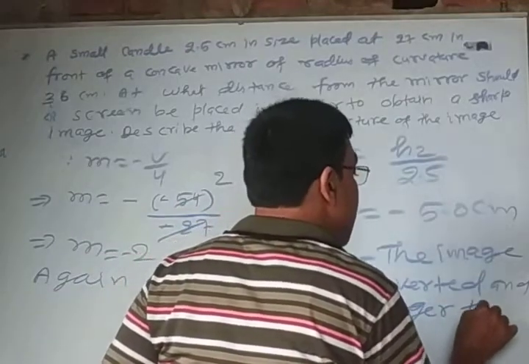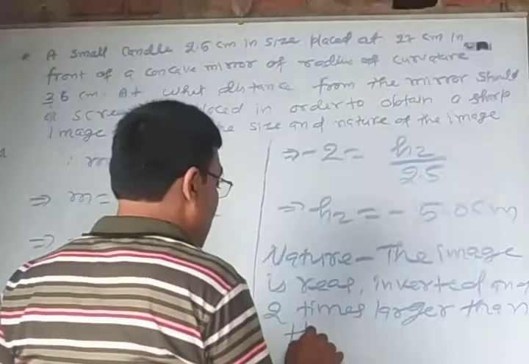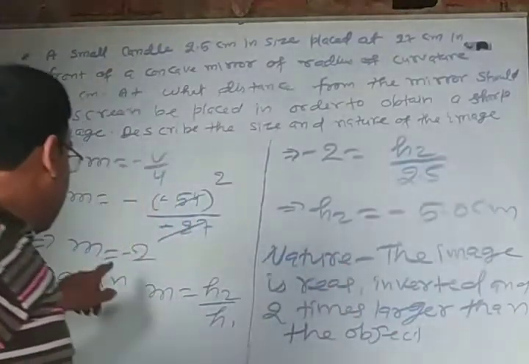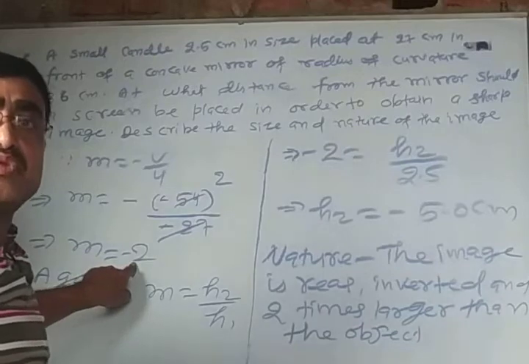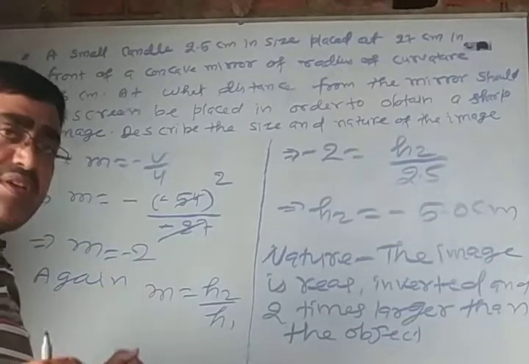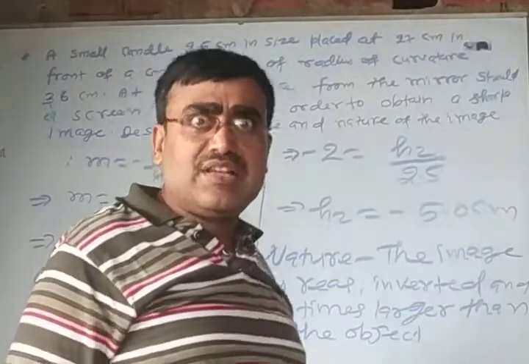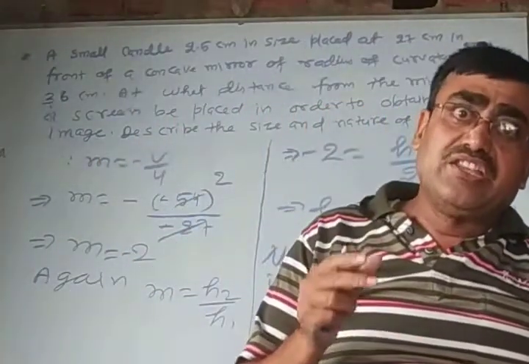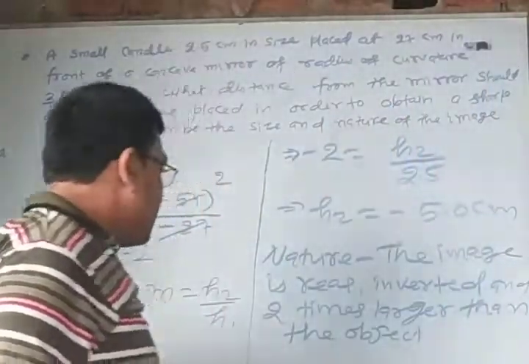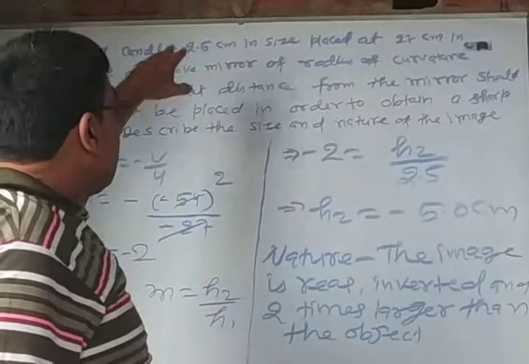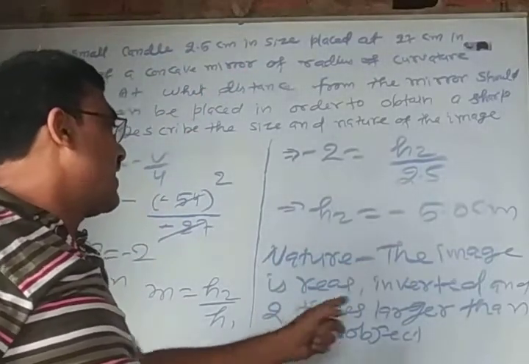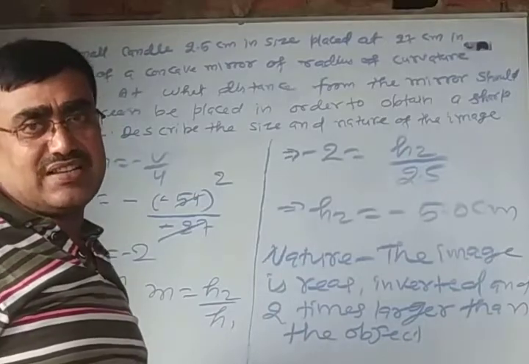Okay, here m is negative, so the image is real and inverted. If m comes positive, then the image is virtual and erect. That means in this question, the formed image has nature real, inverted and 2 times larger than the object.